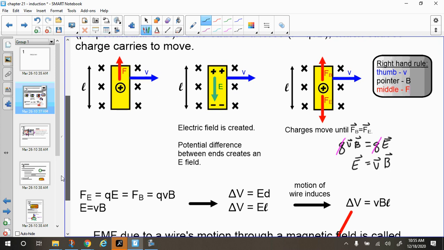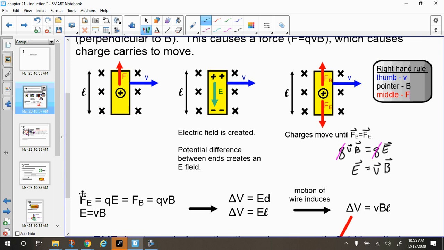So I've written that out right here. I just wanted to put it in an easier format. Gotta put all my little vector arrows on here. And then we also know that change in potential is equal to the electric field times the position in the electric field.